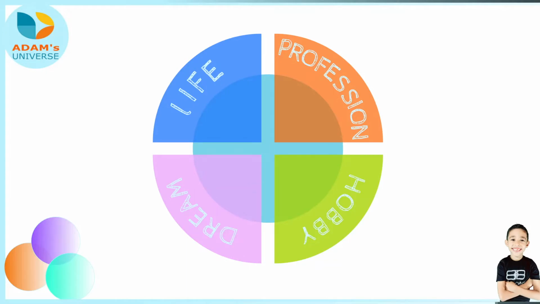This is where you talk about what you do in life. The third part is hobby. This is where you talk about your hobby and the reason why you chose it. The fourth part is dreams. This is where you describe your biggest dream about the future. Now, let's talk about each one and give more details.